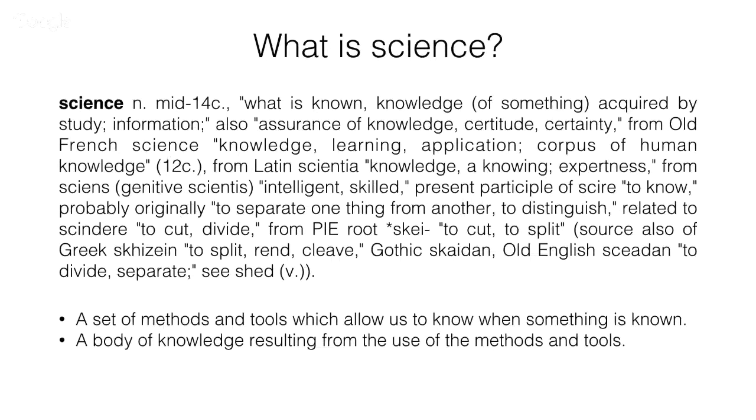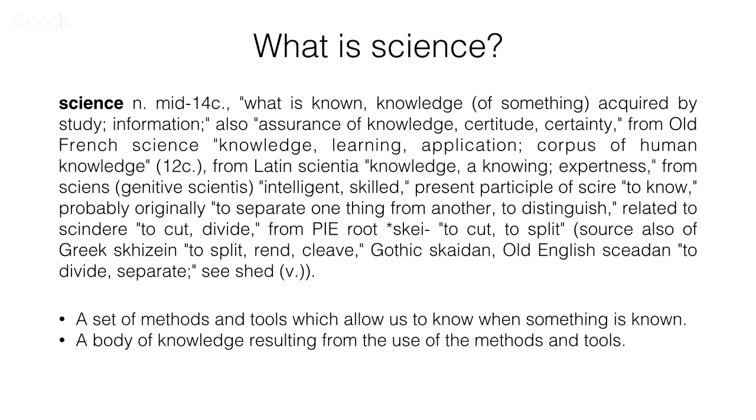So, before we proceed, let's define a couple of things. Our first word to define is science. So, what is science? This is taken from the etymonline.com dictionary, for the etymology of the word.